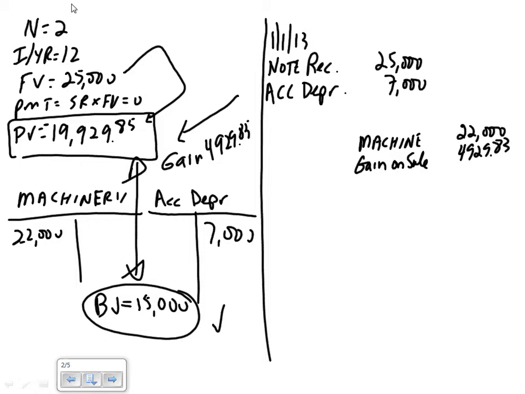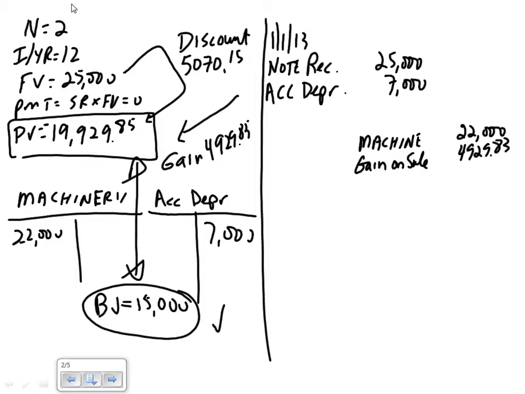And now remember, the difference between the current principal amount or face value of the note and the present value is the discount. That difference between the face value and the present value is the amount of the discount, $5,070.15.